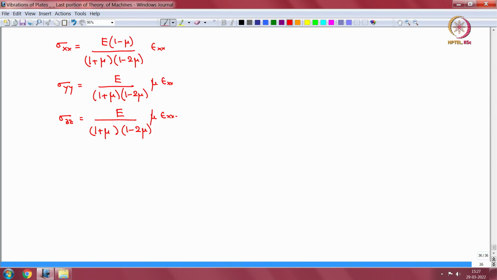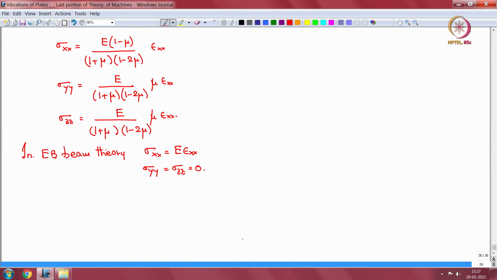okay. Now in the Euler Bernoulli beam theory, okay, we use sigma xx is equal to E epsilon xx, if you recall, and we set sigma yy equal to sigma zz equal to 0.